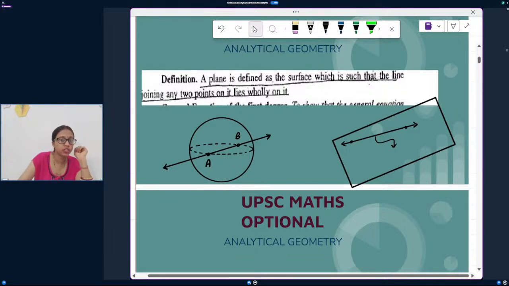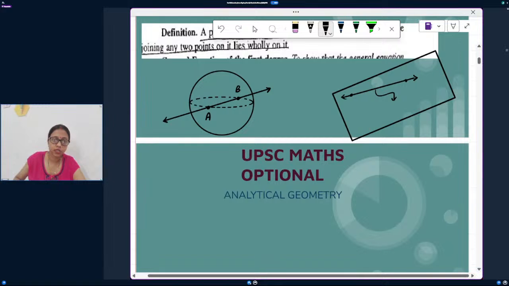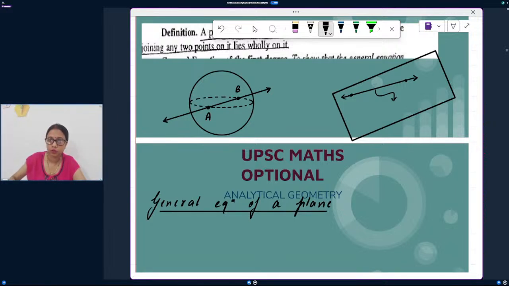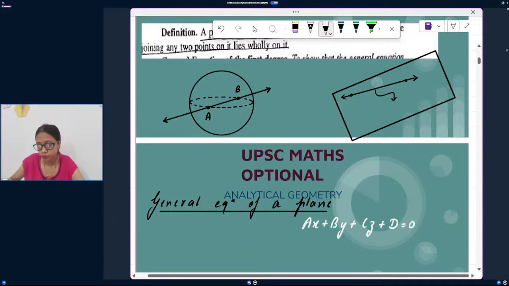Now, the general equation. What is the general equation of a plane? We already have discussed it. Let me write the general equation of a plane: ax + by + cz + d = 0.